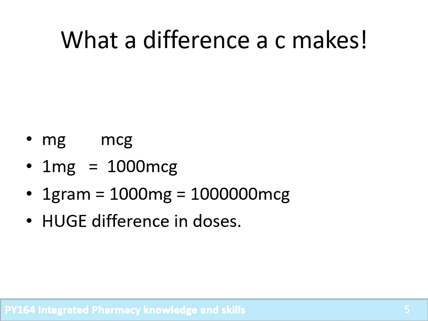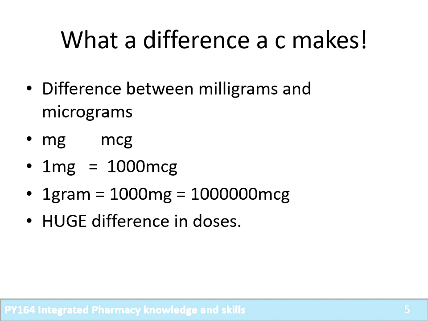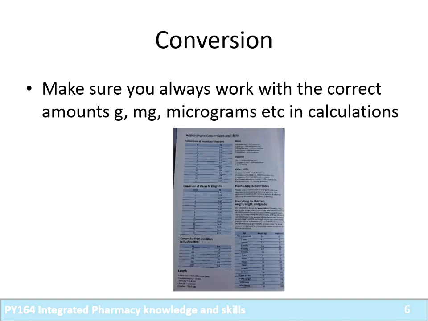In terms of prescribing, it's really important, and the advice is to make sure that you always work with the correct amounts, but also that when prescribers are writing doses, they should write the word out in full. Most doses, in reality, are in milligrams.